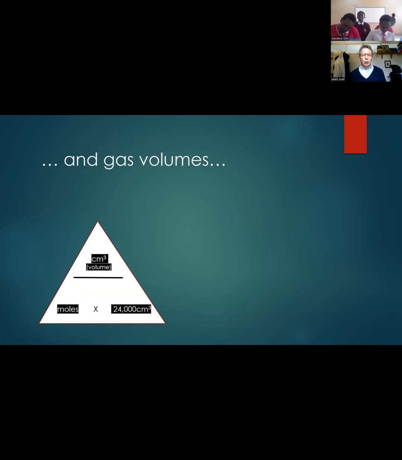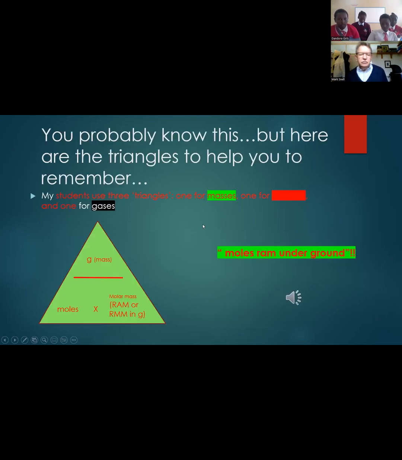Okay, so if you want moles, it's the volume over 24,000. In other words, if it says how many moles in 200 cubic centimeters of carbon dioxide, then moles equals 200 over 24,000. Okay, so there's the three triangles.